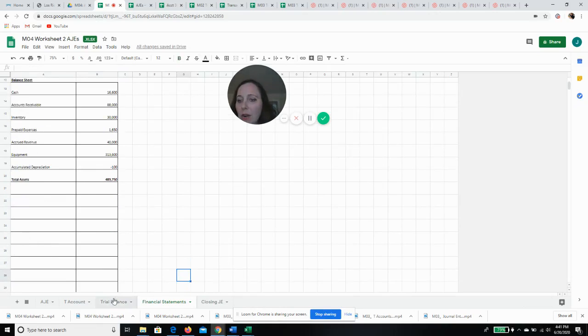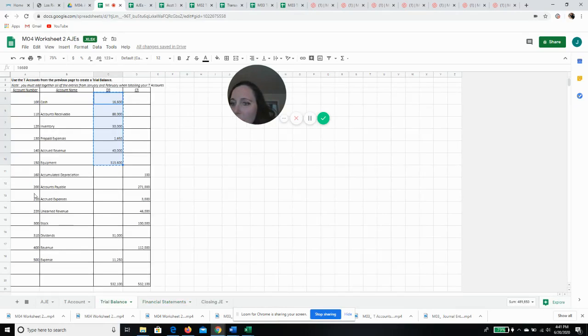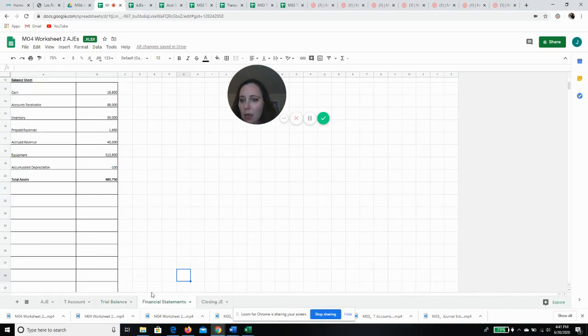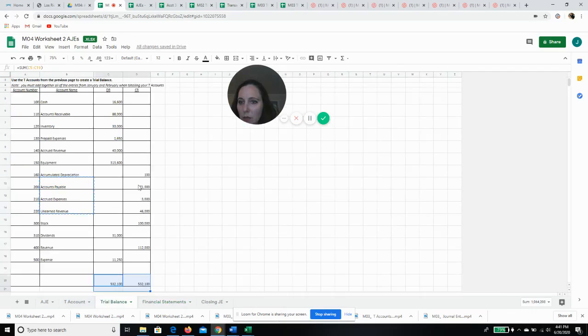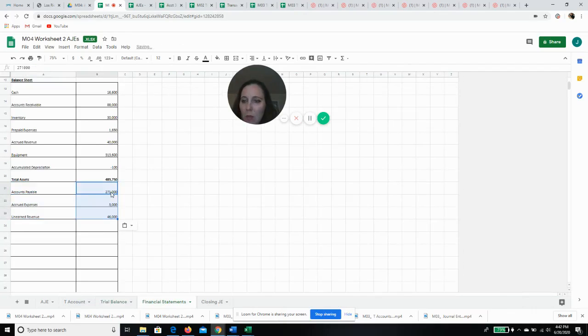Now we're going to add our liabilities. So I'm going to come over and highlight everything that starts with a 200. So accounts payable, accrued expenses, and accrued revenue. I'm going to copy that over, and then I'm going to copy over my balances. All right. These I'm listing as positive. I'm in the liabilities section, so I'm expecting to have a credit balance.